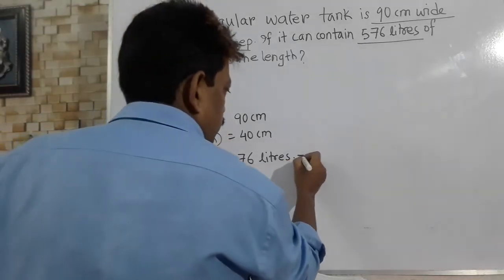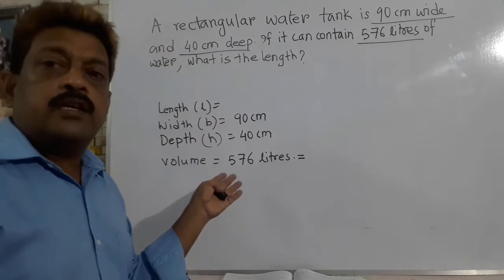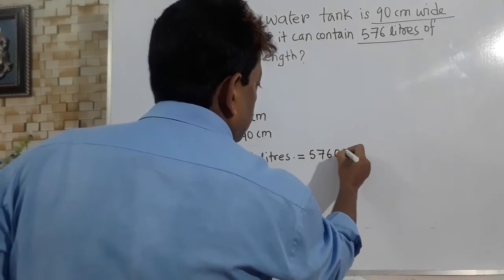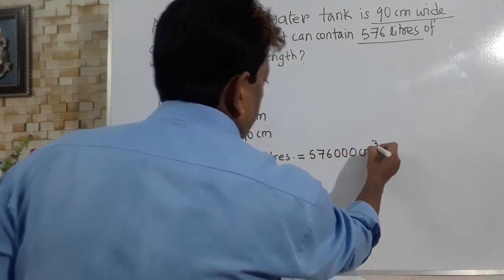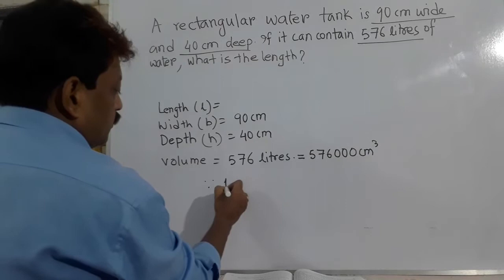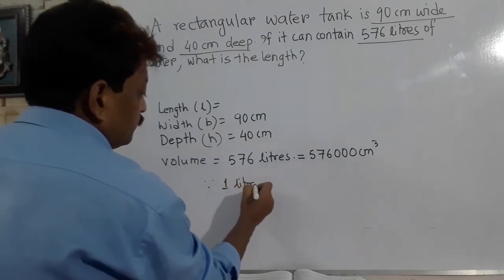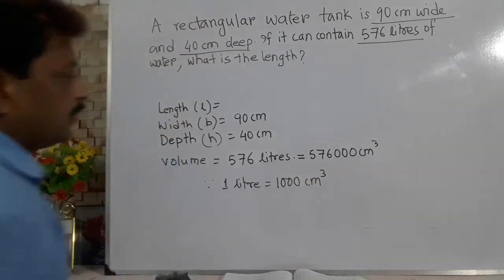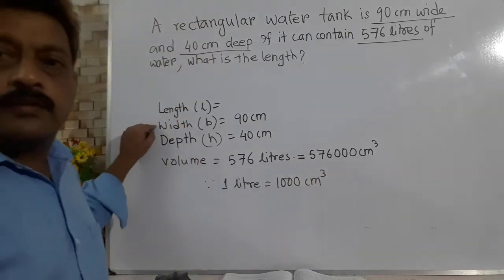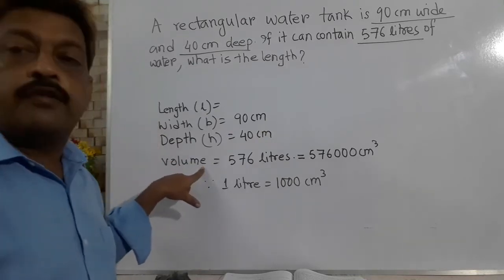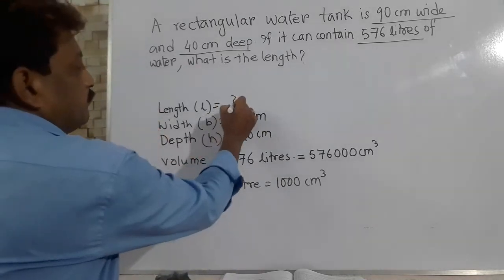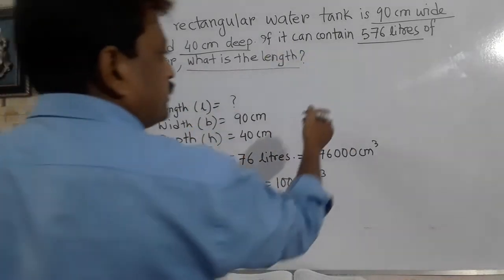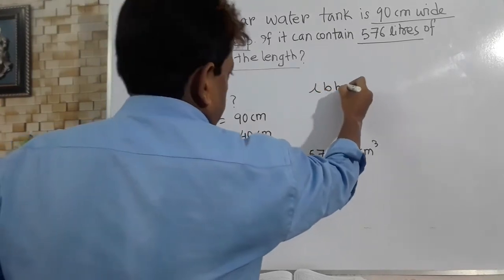So 576 liter is equal to 576000 centimeter cube, because we all know that 1 liter is equal to 1000 centimeter cube. Okay, so here the width is given, the depth is given, and the volume is given. We have to find the length. The question is, what is the length? So again let us use the same formula: L into B into H equals volume.